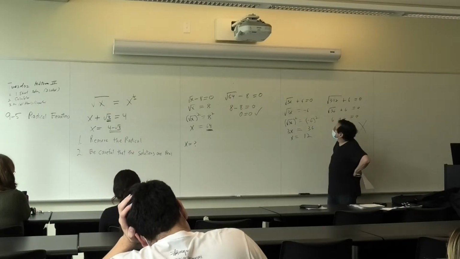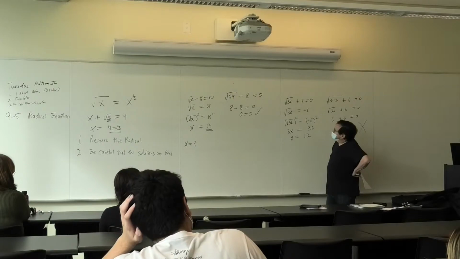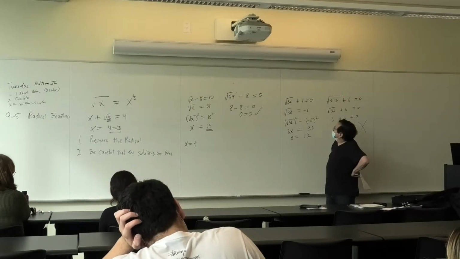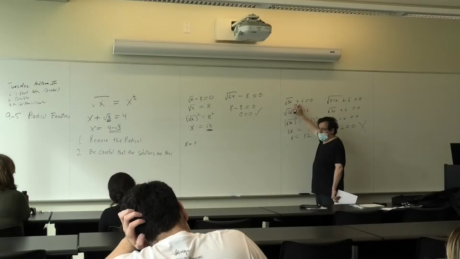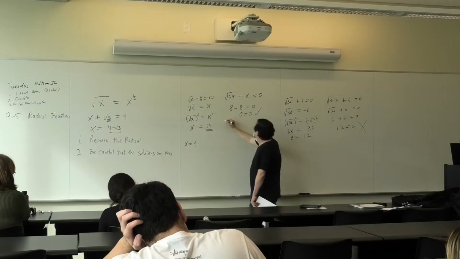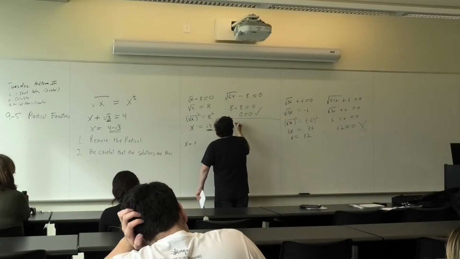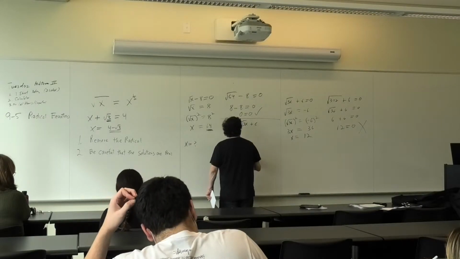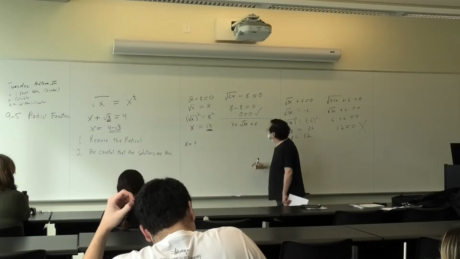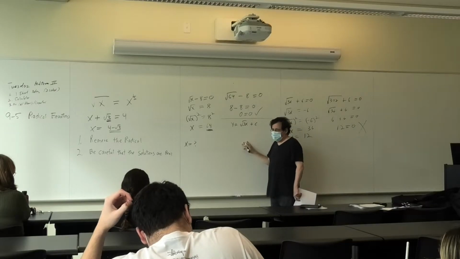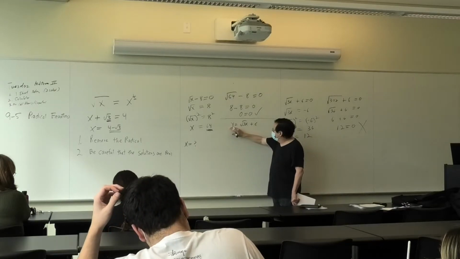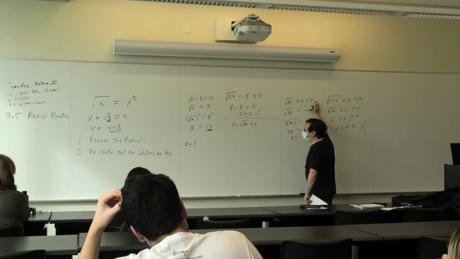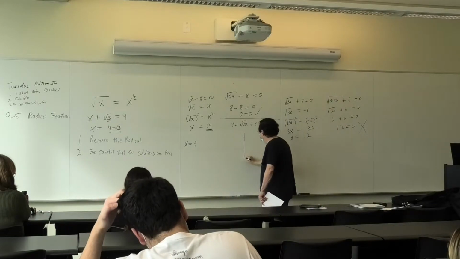What does that mean? Well, if I were to make this into a function, y equals the square root of 3x plus 6, and I was to graph it, I might look for where the y is equal to 0, because that's what I want.